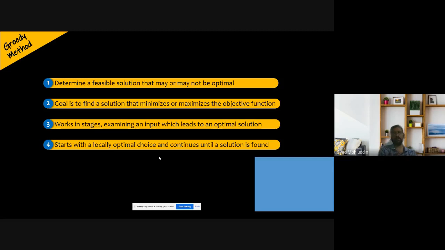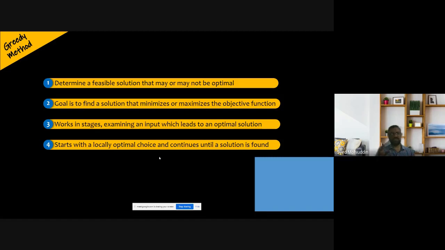Then we select it or discard it. So ultimately, at the last stage, among all the inputs, whatever solution we get, we say that will be an optimal solution. And the comparison is to check whether it is feasible and optimal or not.